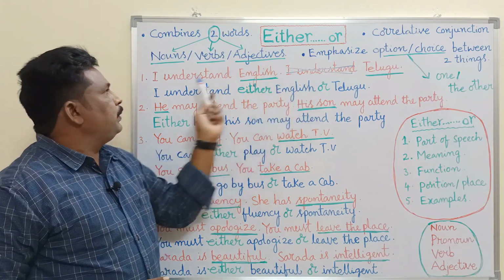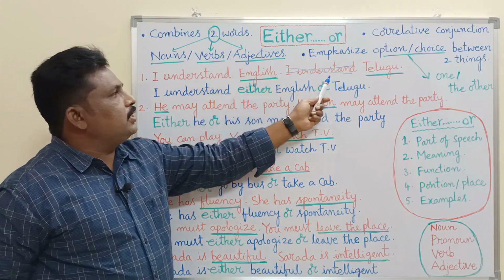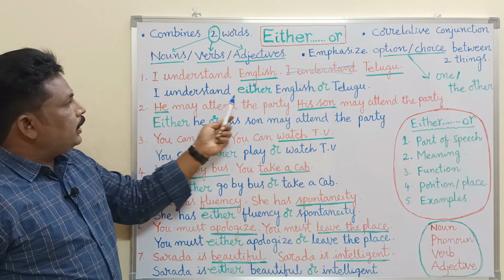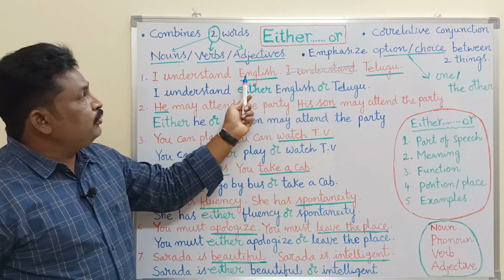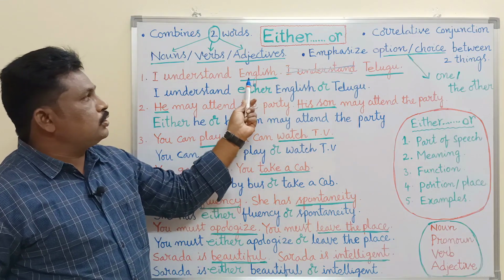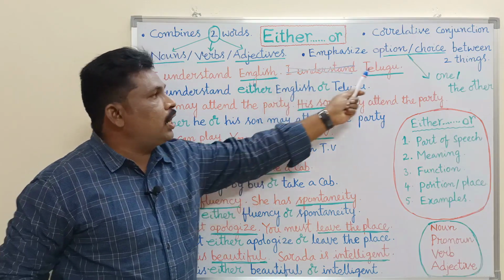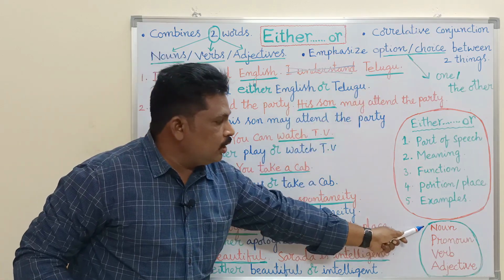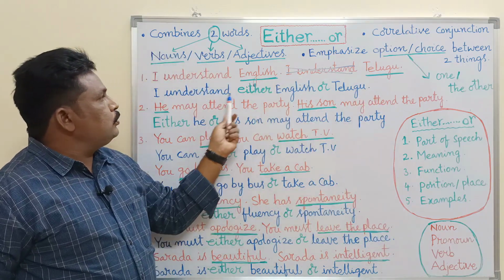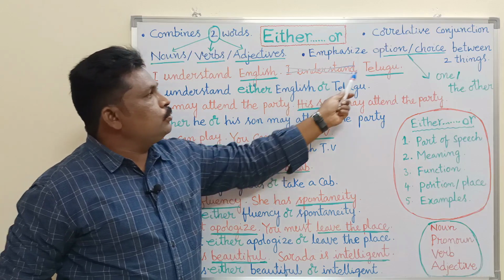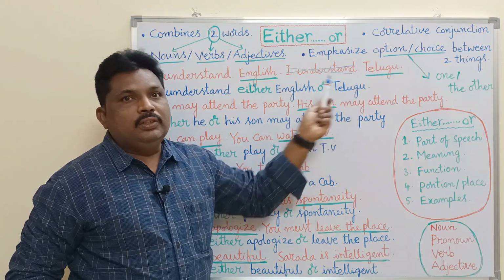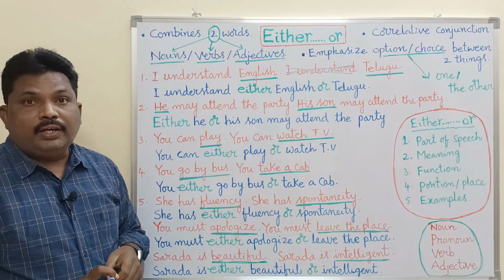I is there, understand is there. So we write either or before these two different words. English is different, Telugu is different. These two are nouns. Either is used before a noun, or is used before a noun. So this is the way to write the answer.